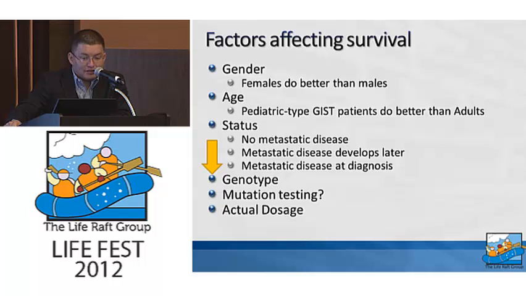Age: pediatric-type GIST patients do better than adults. Status: meta diagnosis or no meta diagnosis, or people who have recurrence or metastasis, that's also a factor that affects overall survival. Genotype, mutational testing, that's why I encourage you to know your mutation and to participate in the tissue bank. And actual dose.